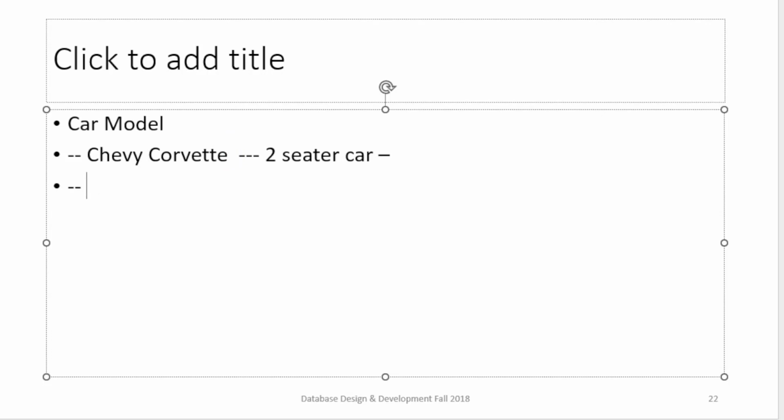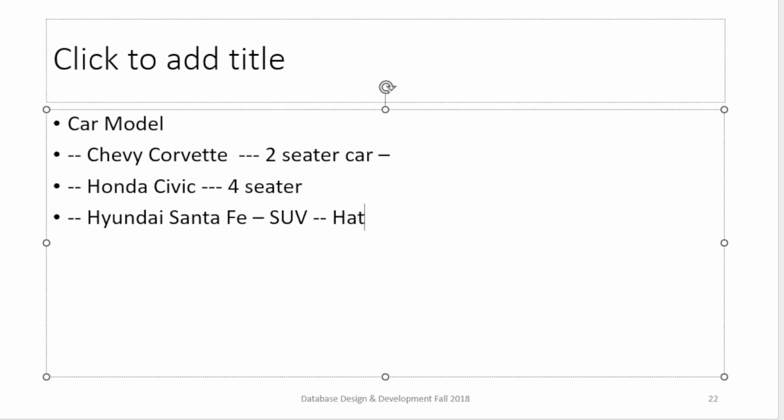The next one could be the Honda Civic. A small four-door car, could be two-door, but it is a four-seater at least. It could be a five-seater if you have a kid in it, but we call that a four-seater. That's part of the car. And let's say a Hyundai Santa Fe. That's an SUV, and it has a hatchback.